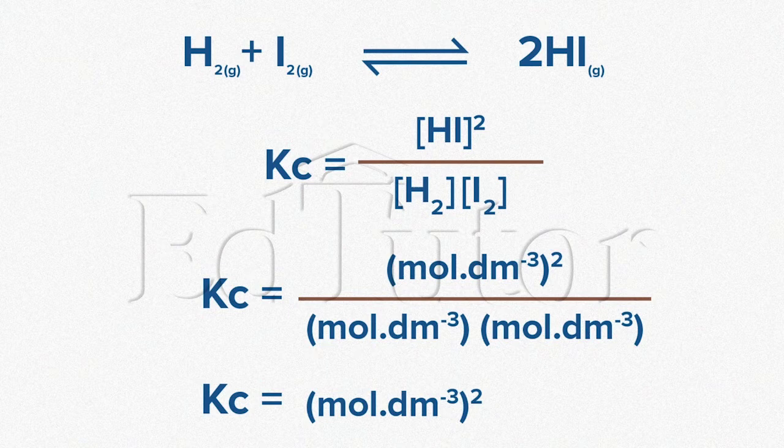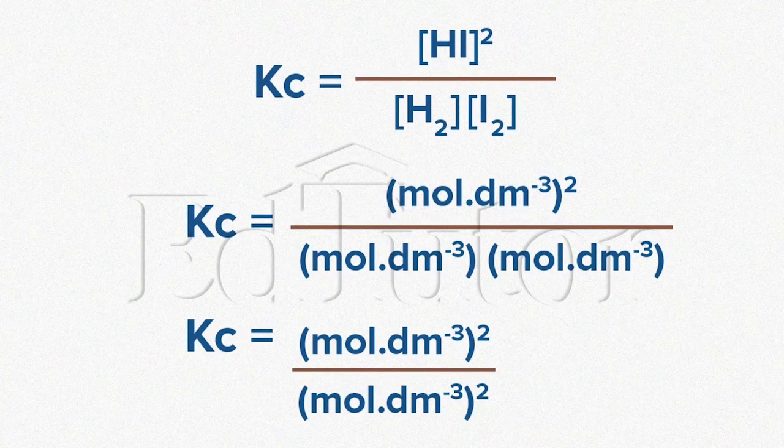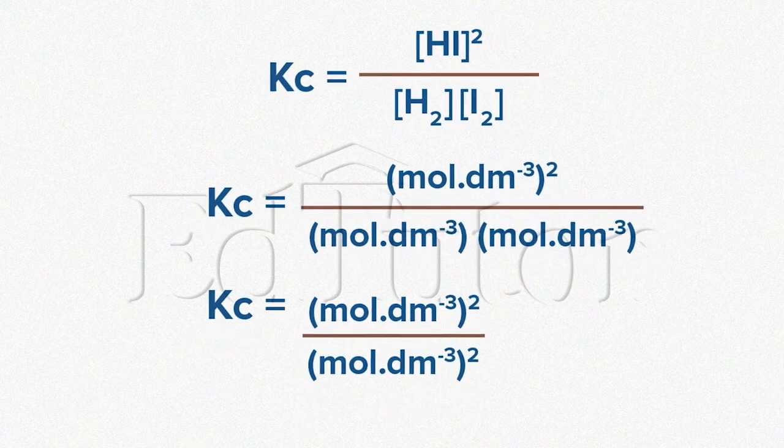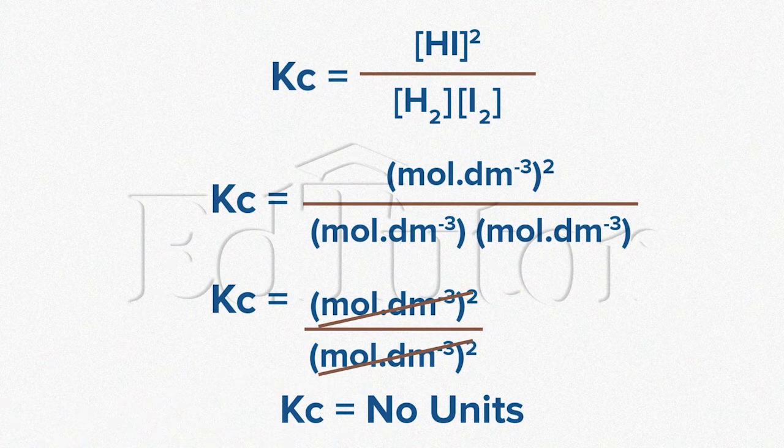We now get mole per decimeter cube squared in the numerator. Additionally, mole per decimeter cube multiplied by mole per decimeter cube in the denominator. Once you multiply both, you will get a square in the denominator as well. These cancel out, and therefore there will be no unit.